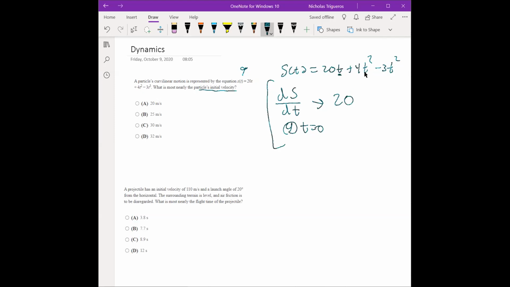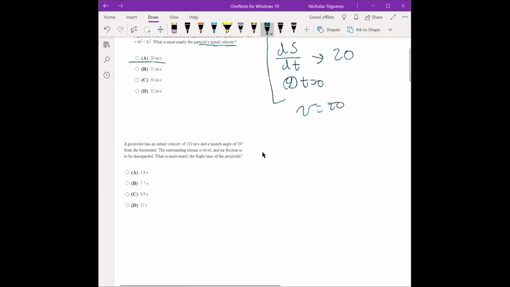This is going to turn into 8t, and this is going to turn into 9t squared. The two terms that have t's will go to 0 due to t being 0 when you take the derivative. So we're going to be left with just 20. And so 20 is going to be the initial velocity, v equals 20. We have an answer choice of 20 here. So that was pretty straightforward. You just have to know the relation between position and velocity. All right, let's look at the next one.